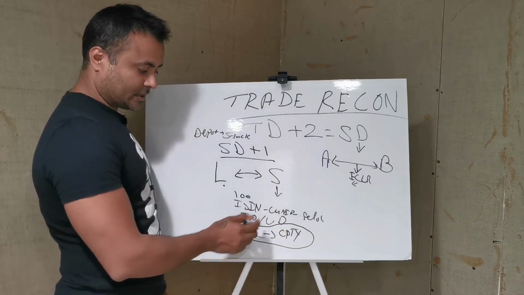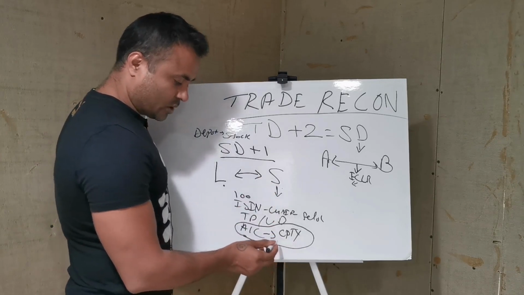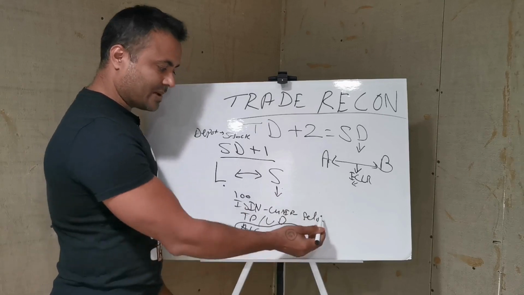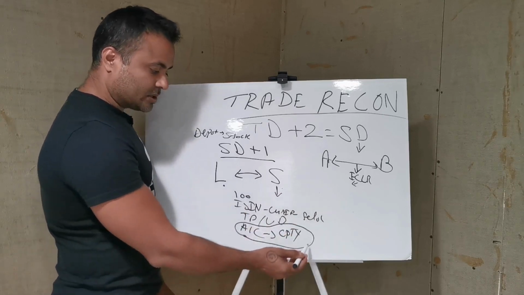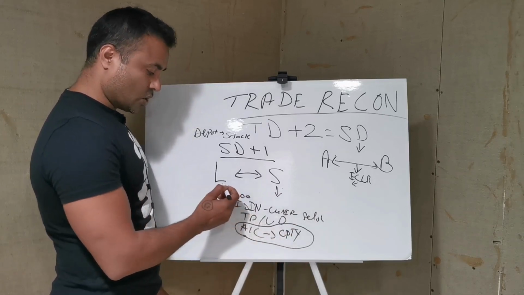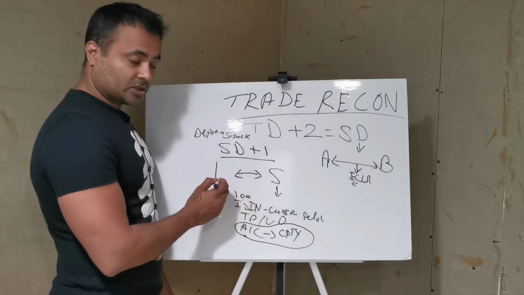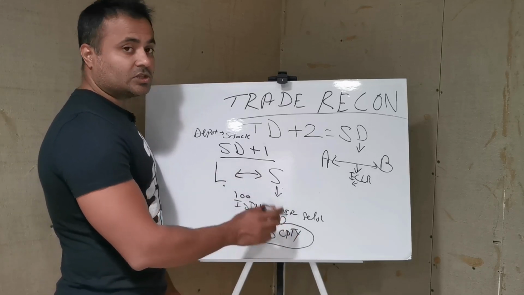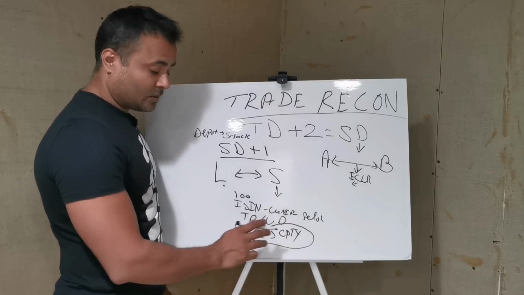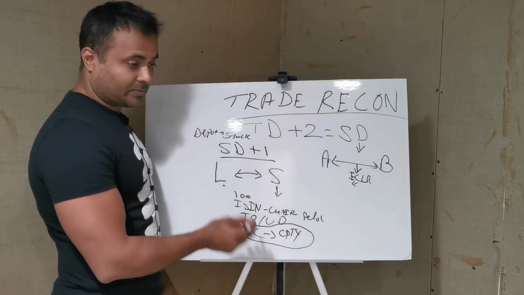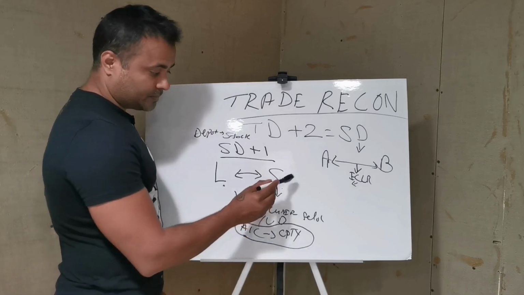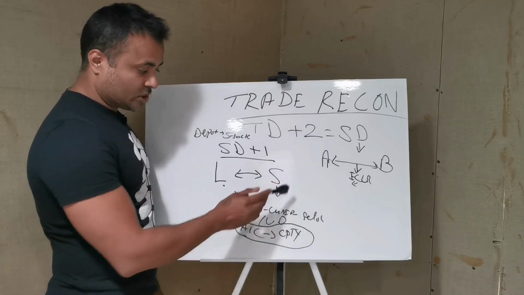This is very crucial, one of the very important points to note: whenever we are matching, if all these things are matching, the details about the account and the counterparty should always match with your ledger which is there in the statement. If your counterparty is not matching with your ledger, it means this trade is not yours.